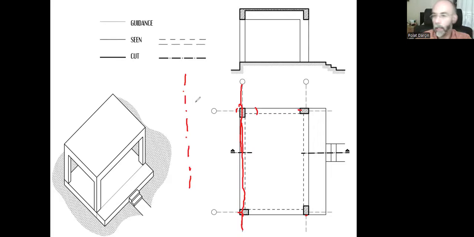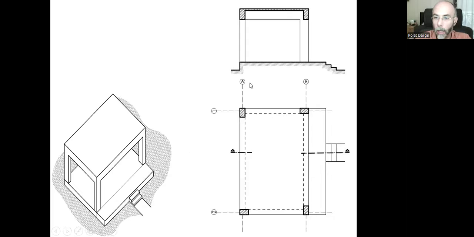If it's thin, then it's a grid line. I place one grid line here and one grid line here in this direction and one grid line here and the last one here. And I'm going to give names for these grid lines for the shorter side.